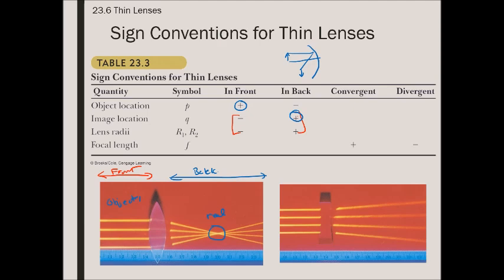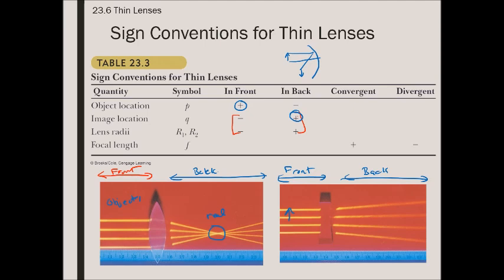However, diverging lenses, just like diverging mirrors, can only produce virtual images. So this is the front, and this is the back. If I put my object here, say an arrow, then what I'm going to see, if I look through the lens at the arrow, is an arrow that appears to be smaller.